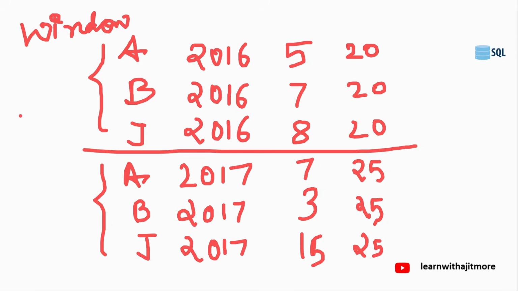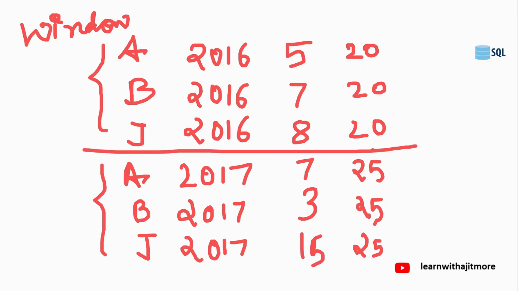As in group by, we write group by year. Here also, partition by year. It will do the grouping on some column which has the same value. It will apply the aggregate on that partition. That one partition is called one window, in which you are able to see only the records in that window.